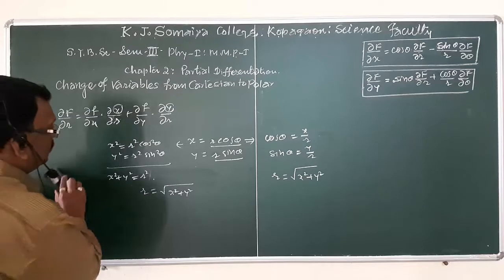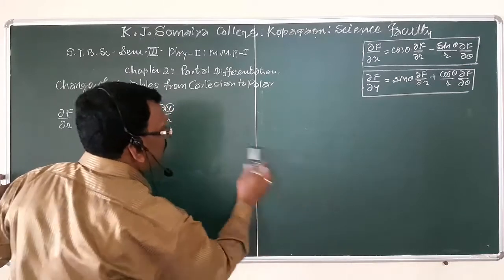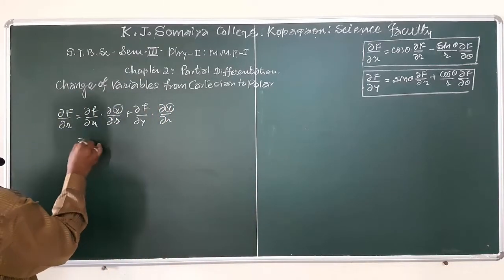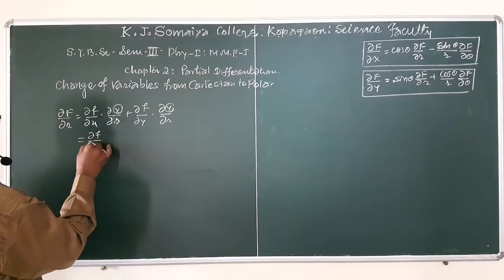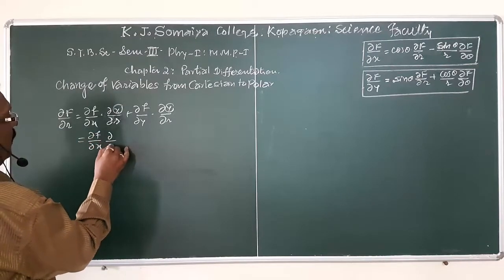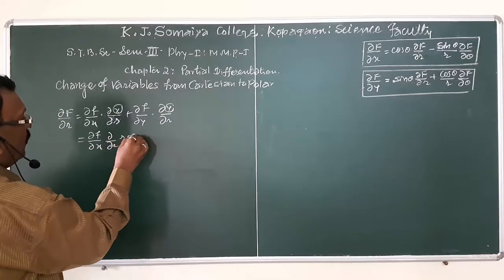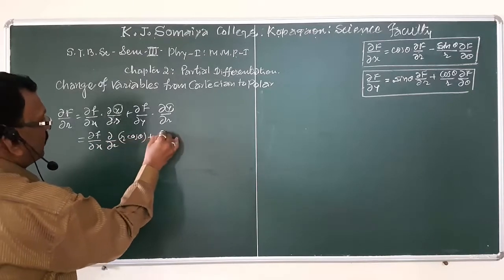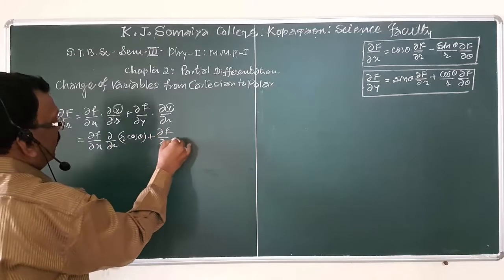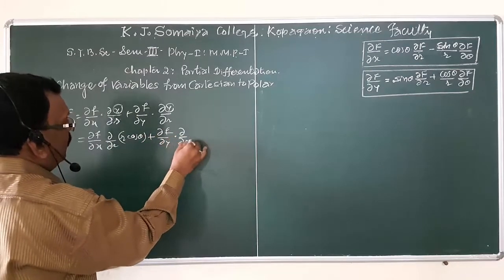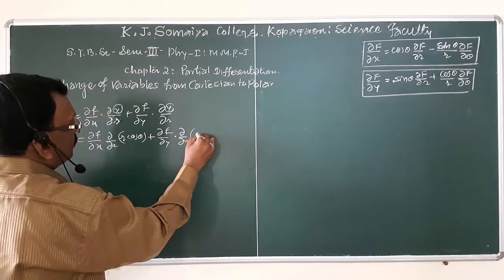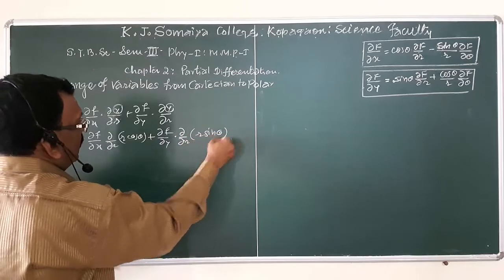We get delta f by delta x into delta by delta r of the value of x, which is r cos theta, plus delta f by delta y into delta by delta r of the value of y, which is r sin theta.